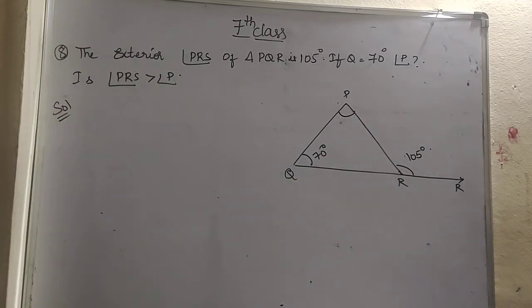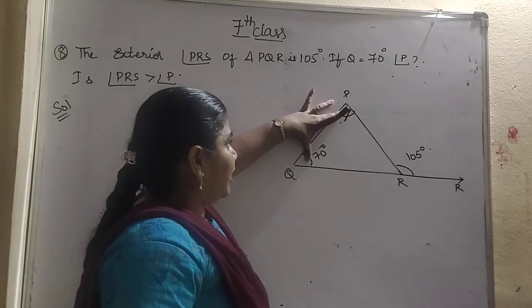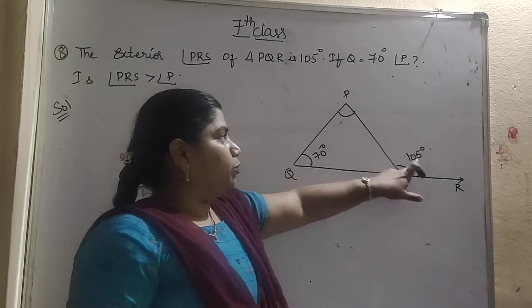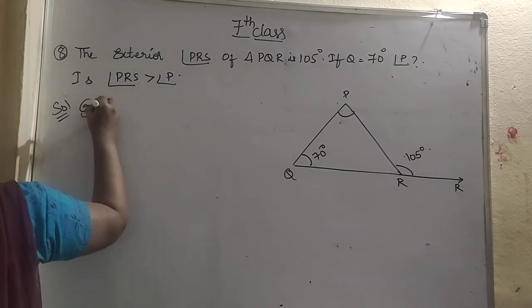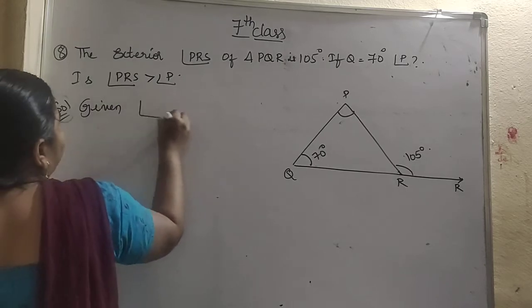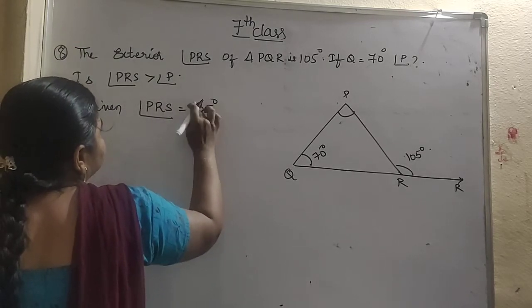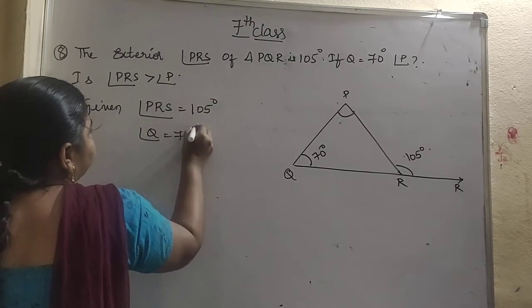So how to find? Again the same property we are using, that is, the sum of two interior angles will be equal to the exterior angle. So if you add these two, that should be equal to 105. First, given: angle PRS is equal to 105 degrees and angle Q is 70.